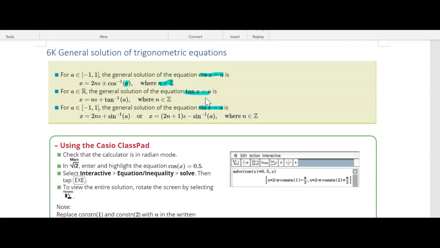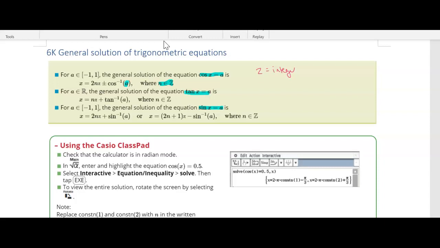Now, you may have recalled when we did the first video for 6j, that z is an integer. It doesn't have to be positive. It can be positive, it can be negative, or it can be 0. Z is just an integer. So basically, we just substitute in different values of n if we need to.